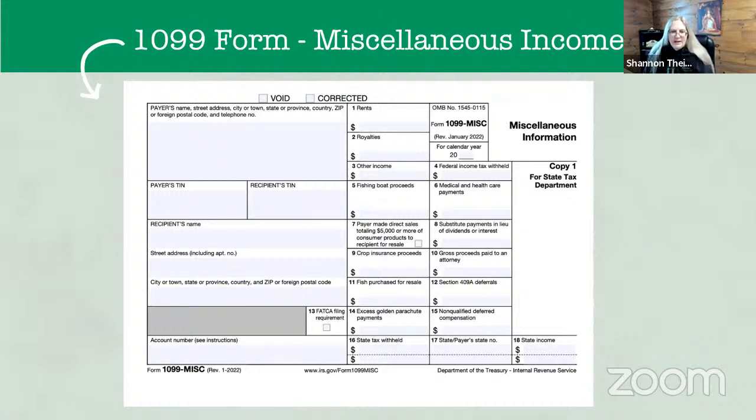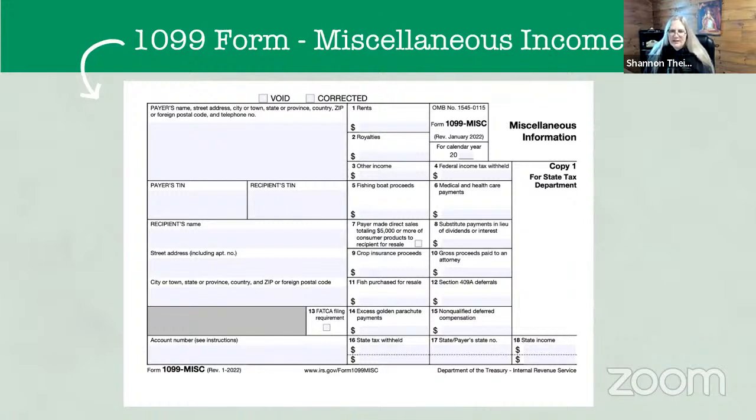Box 1 is where you will report the rent that is paid to a landlord who is not a property management company. 2 is where royalties get reported. 3 is other income, and that is where usually the deceased employee wages will go.